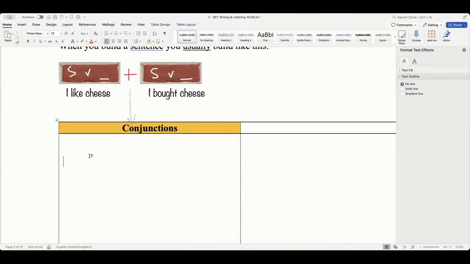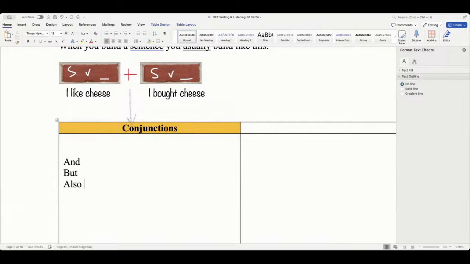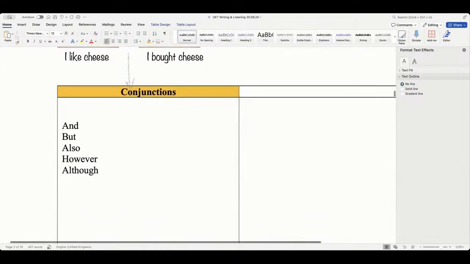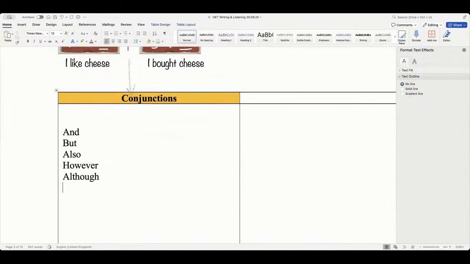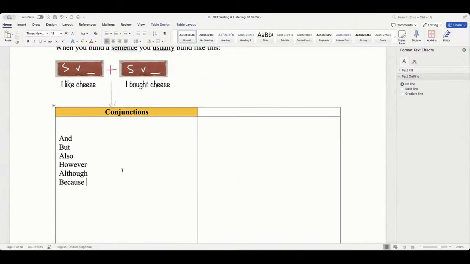And, but, also, however, although, yet, moreover, though, because, therefore, additionally.